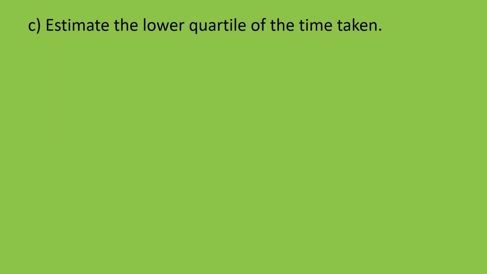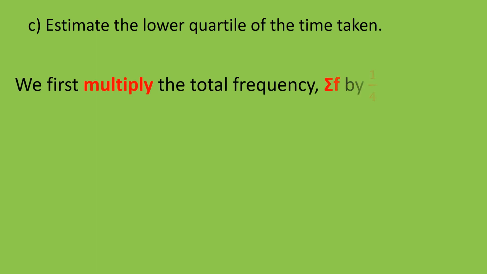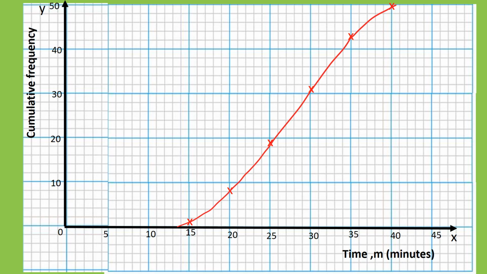Next question, estimate the lower quartile of the time taken. We shall first multiply the total frequency by a quarter. So a quarter times 50 is 12.5. Then we move to our graph.